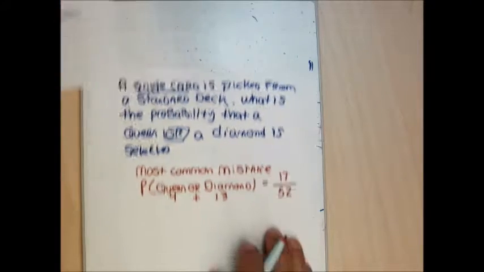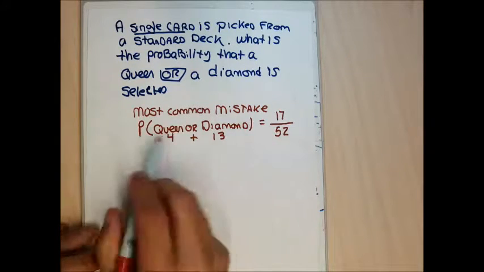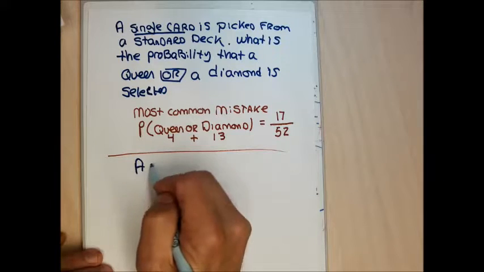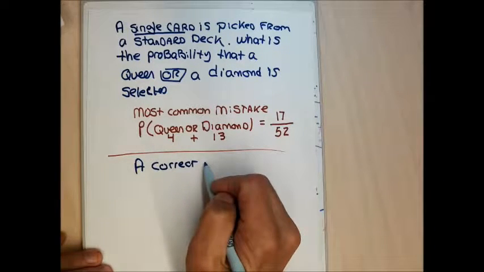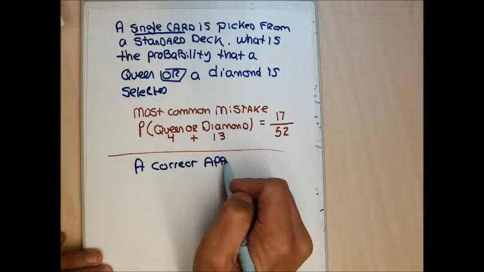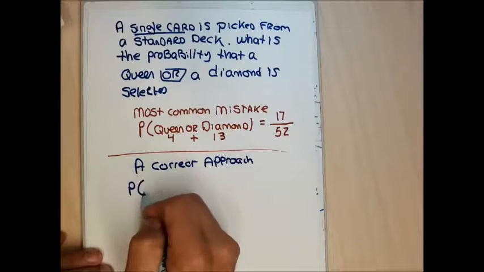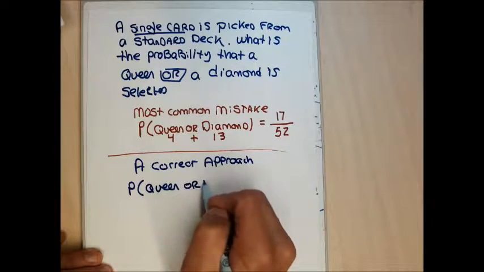If I wanted to do this less efficiently, let me just do this a correct way, but maybe not the correct way that we're going to use in this problem. A correct approach is just to figure out the correct number for the numerator by using just common sense and listing out all the cards.